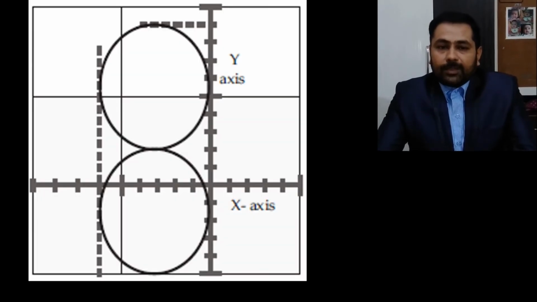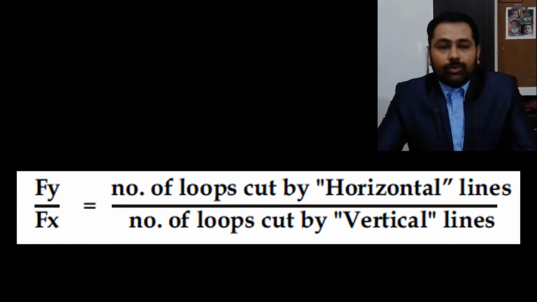The number of loops cut by horizontal lines, see the circles, are cut by the y-axis. On the x-axis you can see the lines, and those divisions can be measured. So by using this formula, the unknown signal frequency can be calculated.